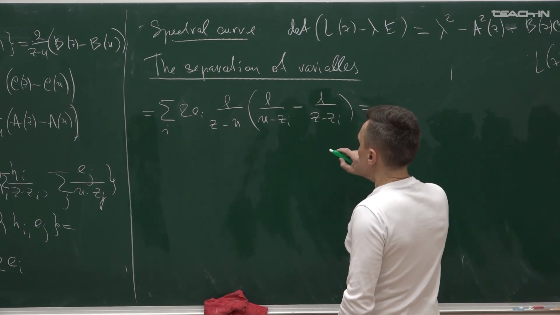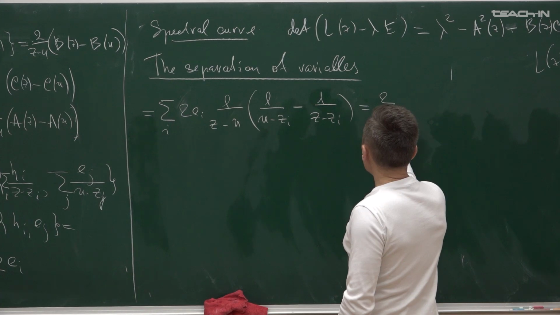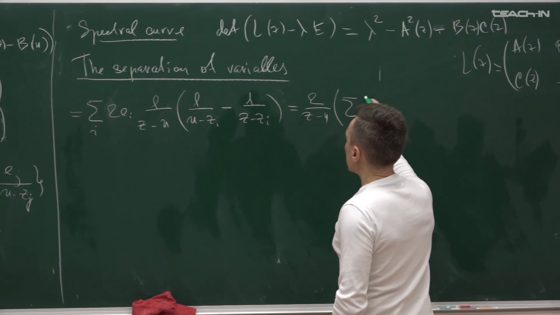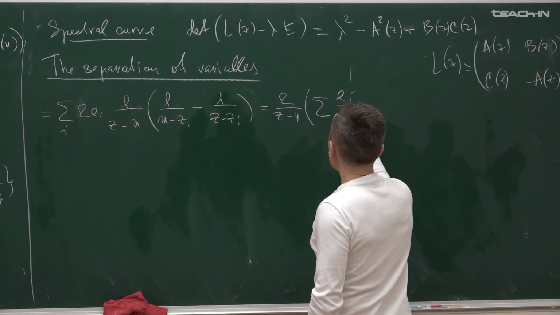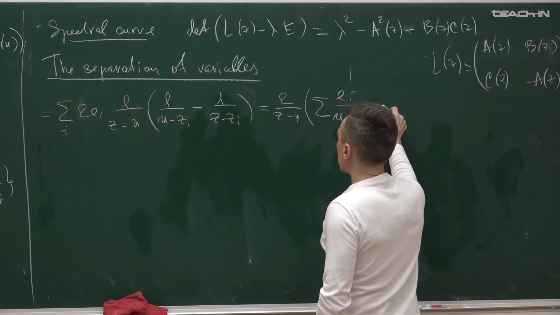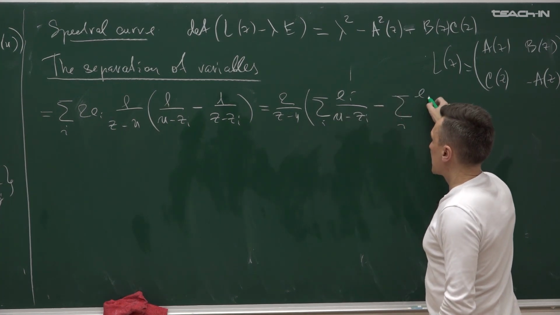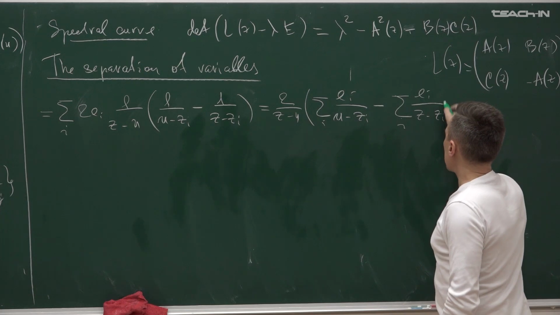And it means that it is 2 over (z minus u), the sum of e_i over (u minus z_i) minus the sum over i of e_i over (z minus z_i).